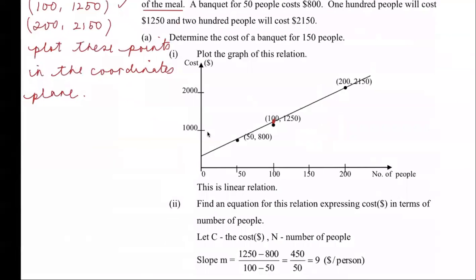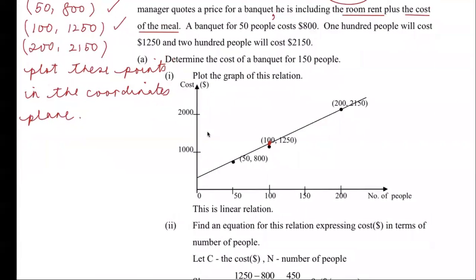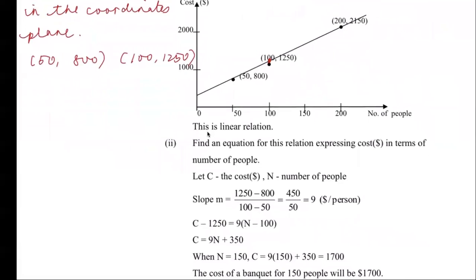So how do we do that? We have 2 points now, right? We're going to use 50, 800, and we're going to use 100, 1250. How do we find the expression? We've done that multiple times, right? First step, we need to find the slope.